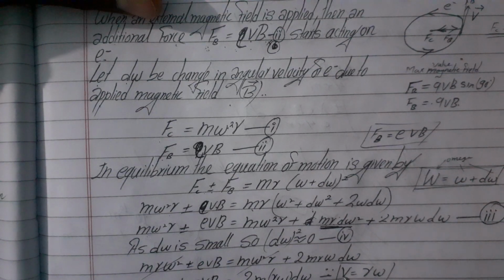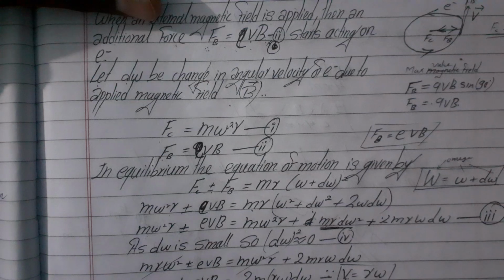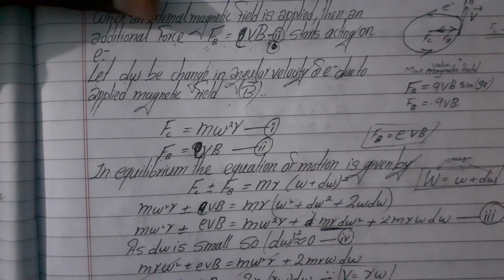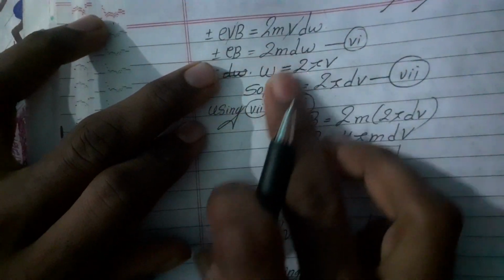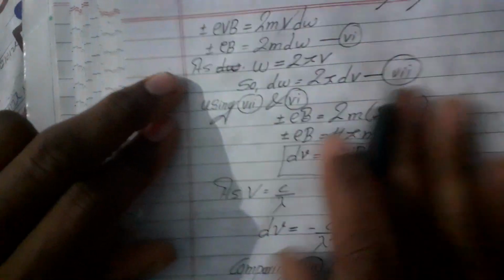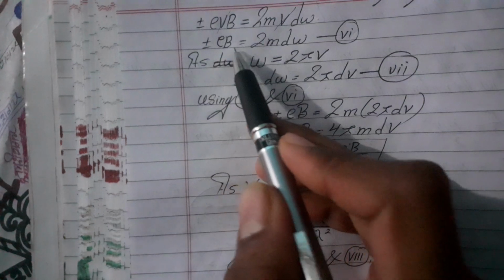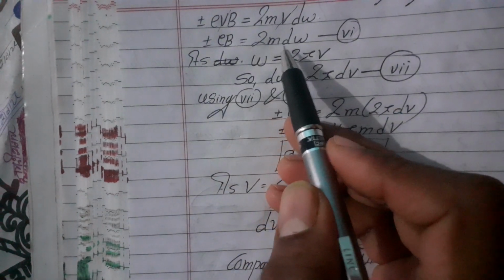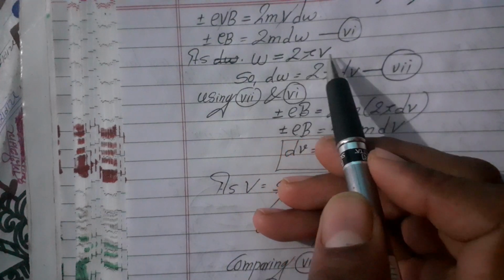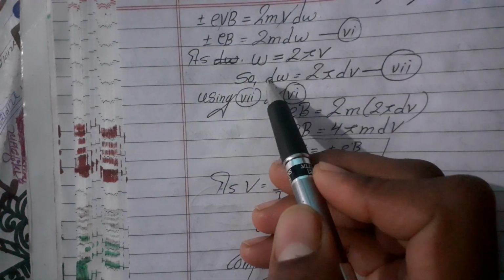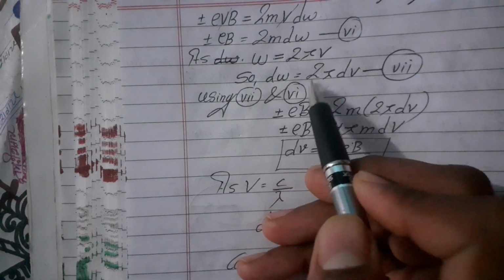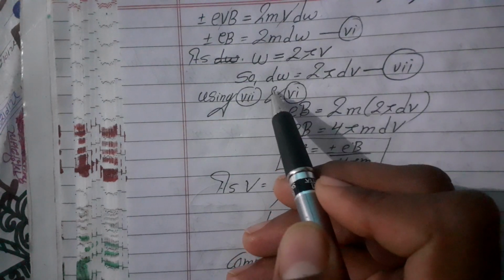We are replacing r omega with v here, and then v will cancel out, and we get eB by 2m equal to d omega. And omega is equal to 2 pi nu, so d omega is equal to 2 pi d nu. We are differentiating here.